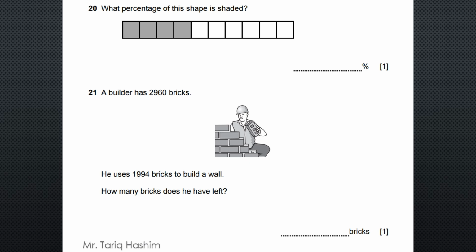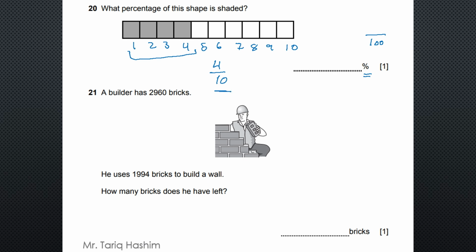Question number 20. What percentage of this shape is shaded? We have 10 squares here and we have only 4 squares shaded. So we have 4 out of 10, right? But we need a percentage. So we know that percentage means number divided by 100.